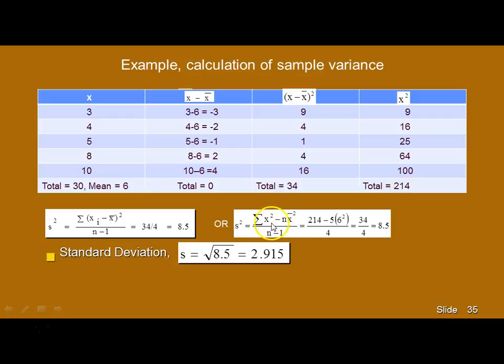That's this term right here, summation x squared. So we have 214 minus 5 times 6 squared, all over 4. Again, we're going to get the same answer as with the other formula, because the mean was a whole number and we didn't round it. 34 over 4, or 8.5. And again, the standard deviation will be the square root of that, or 2.915.